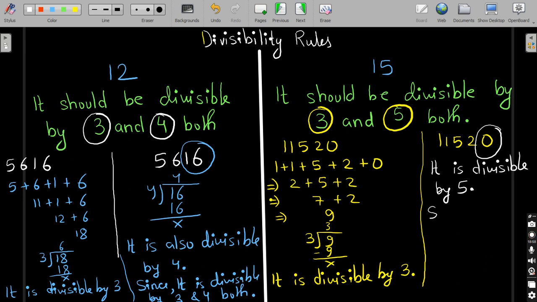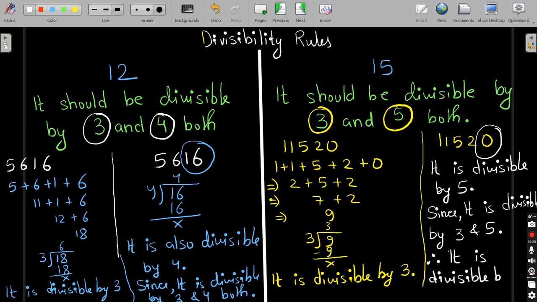And we can say finally, since it is divisible by 3 and 5 both, therefore it is divisible by 15.